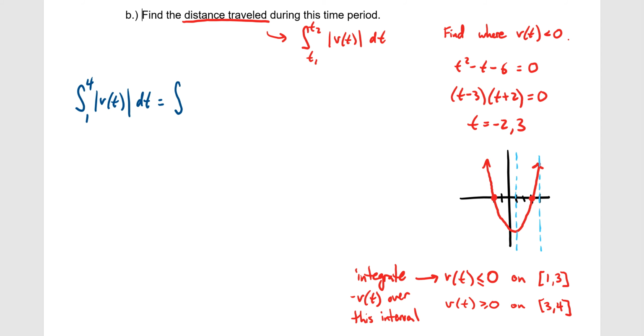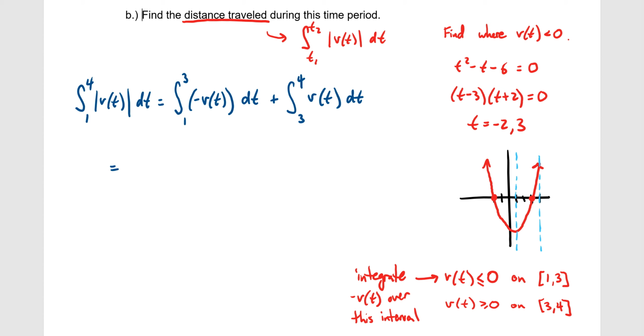So it's going to become the integral from 1 to 3, where we said we have to do negative v of t, plus the integral from 3 to 4. Since it was positive here, we just do the positive version of v of t.